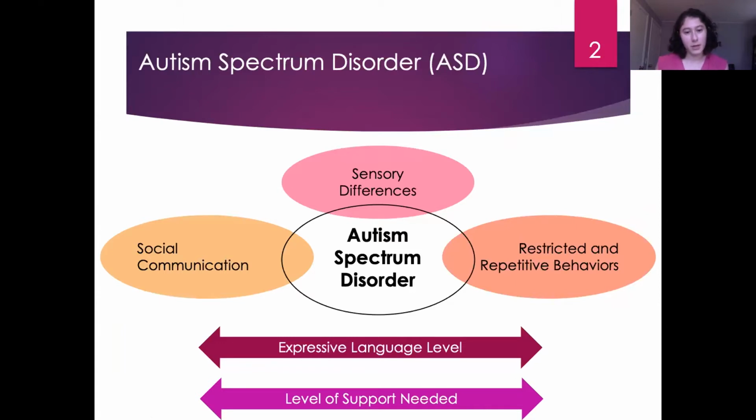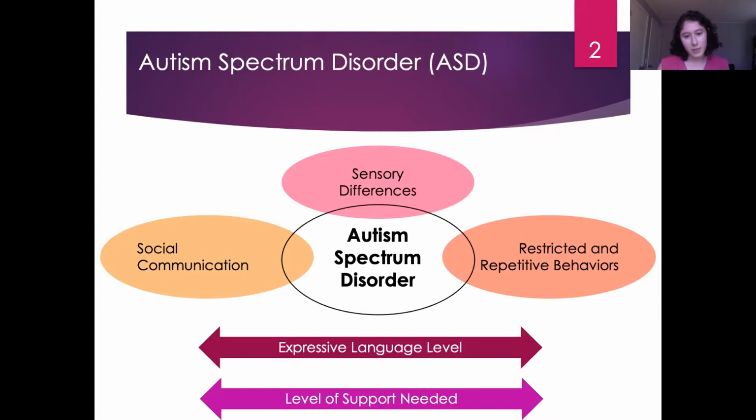So it is a heterogeneous neurocognitive disorder with several different symptom domains, including social communication, restricted and repetitive behaviors, so things like special interests, as well as sensory differences. And because it's such a heterogeneous disorder, there is a really wide range of the expressive as well as receptive language level in this group.